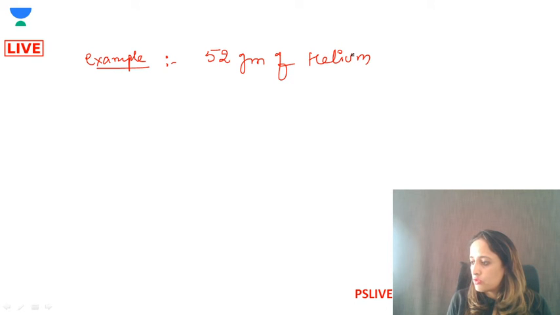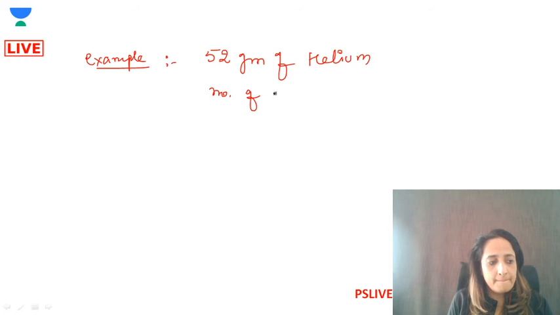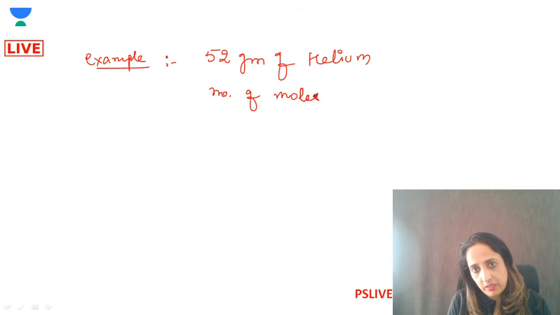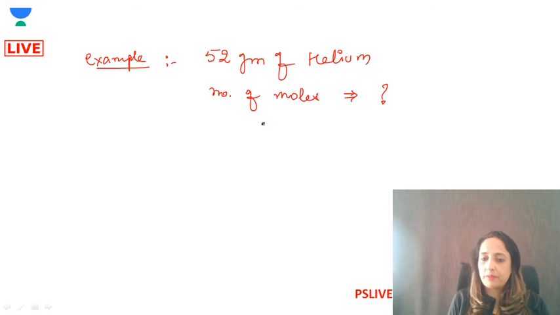For the 52 grams of helium, you need to find out the number of moles present. How many moles will be there?